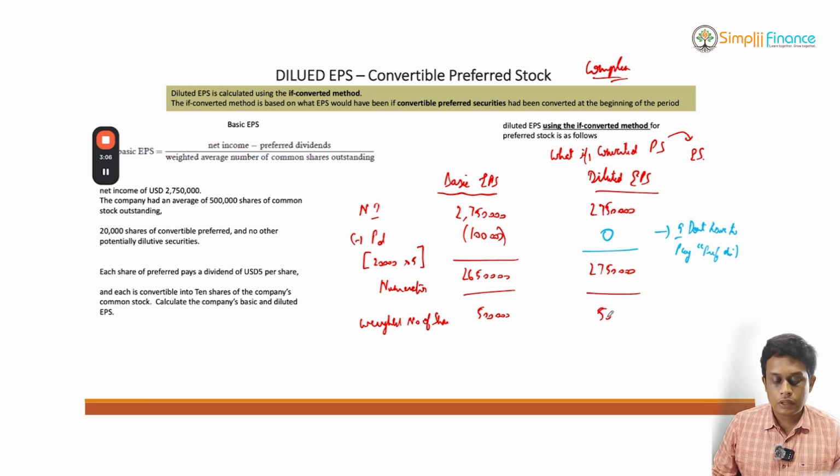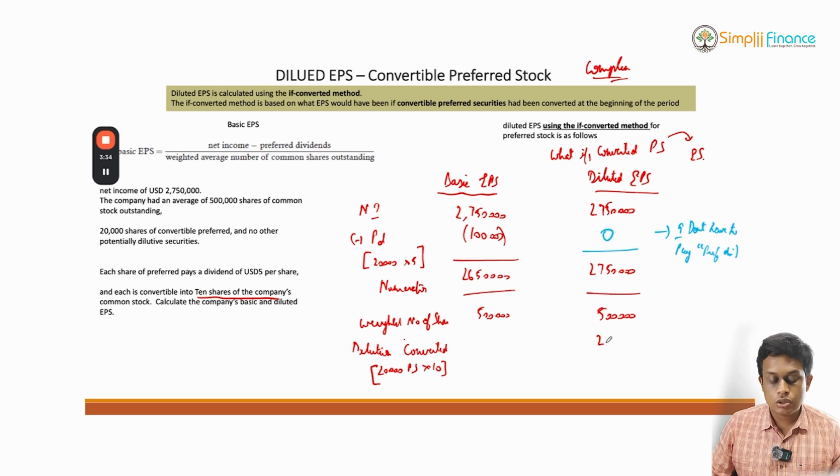And the weighted average number of shares is also the same, but there is some dilution because of converted preference shares. Each preference share gets a conversion of 10 shares. So you have 20,000 preference shares, multiply that by 10, your dilution here is 200,000.